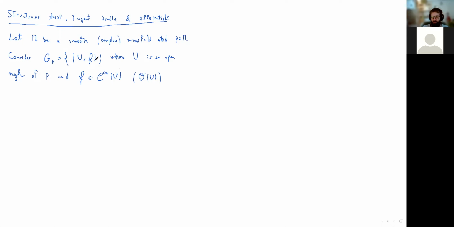So this is the set of all functions which are smooth or holomorphic in a neighborhood of P.